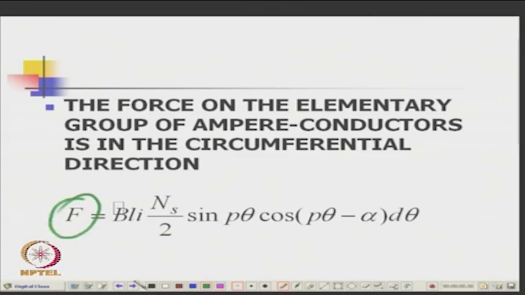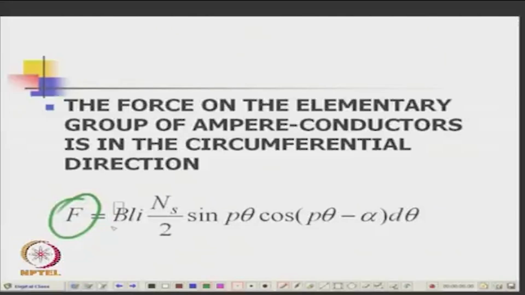The MMF, the force. What we are trying to say is there is a current sheet which is sinusoidal, there is a B wave which is sinusoidal, and the force is as follows. Suppose you take a small strip d theta, the force on the elementary group of ampere conductors will be in the circumferential direction.